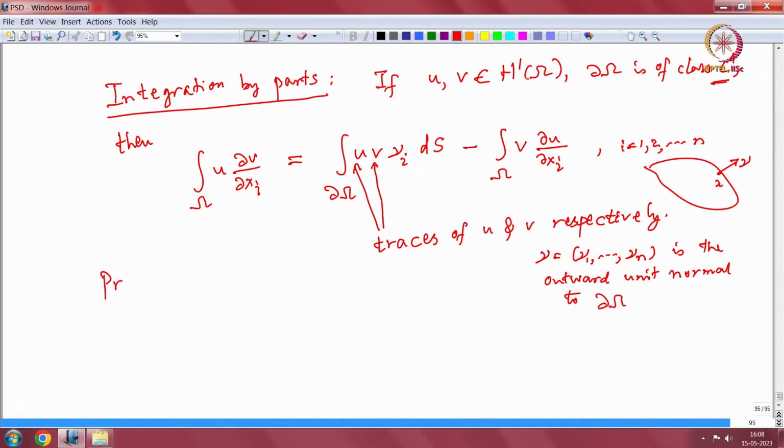Since both u and v are in H1, the other integrals are also products of two L2 functions. So everything is fine.